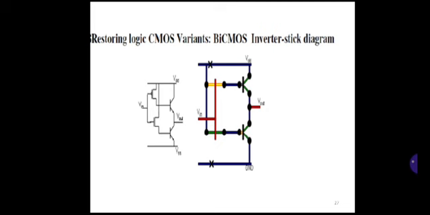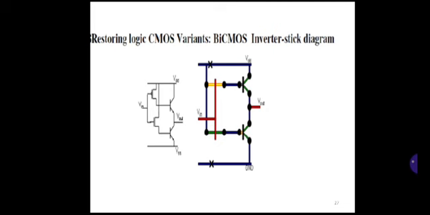Then BiCMOS stands for what? As we have already discussed, it is a combination of BJT and CMOS. At the output side, we use a BJT transistor to enhance the driving capability of the circuit. So always the BJT transistor is at the output side.